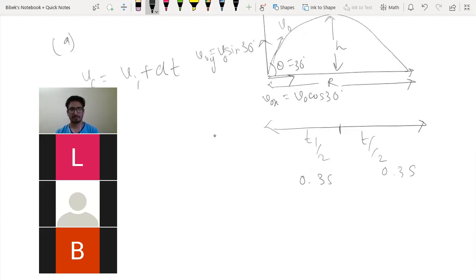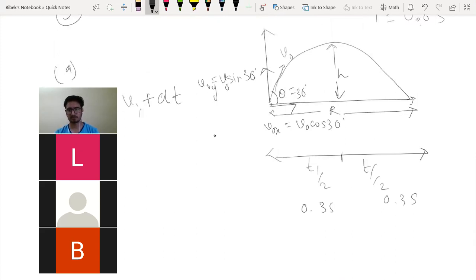So to reach the maximum height, from here to here, you have the initial velocity, that's the y velocity, and you know the y velocity Vy is 0 at the top. So if you only look at y, you don't need the x.